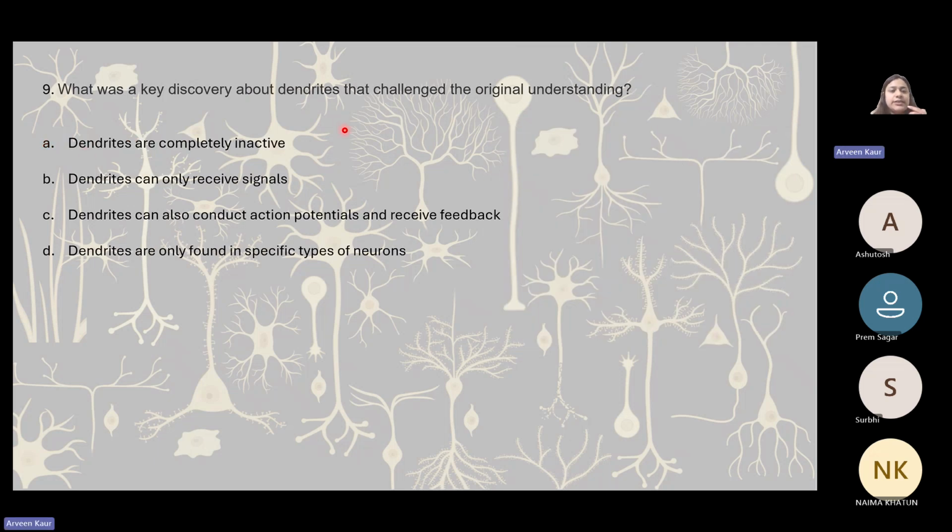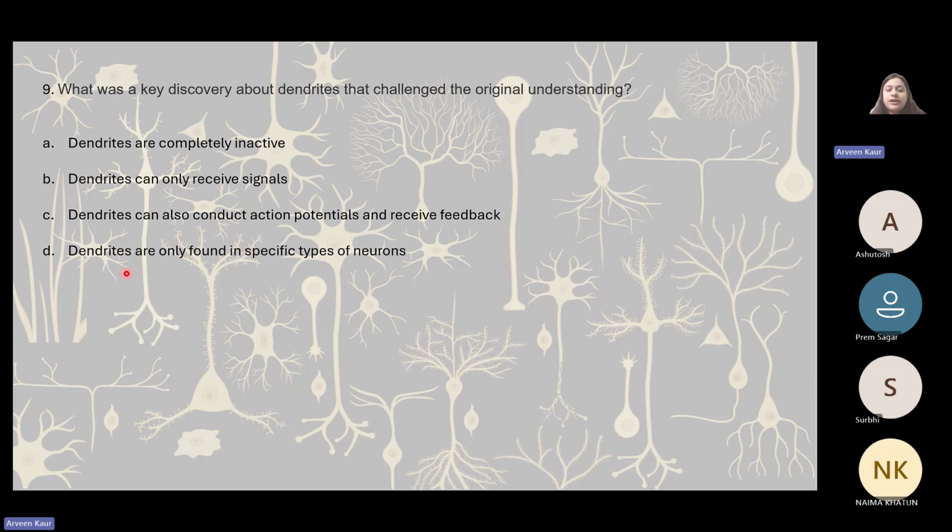Then question number 9 is, what was a key discovery about dendrites that challenged the original understanding? Was it that the dendrites are completely inactive, or that the dendrites can only receive the signal, or that the dendrites can also conduct action potential and receive feedback, or that the dendrites are only found in specific types of neurons, right?